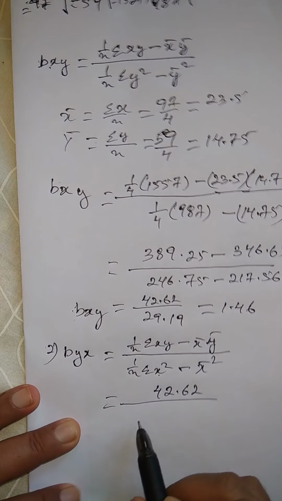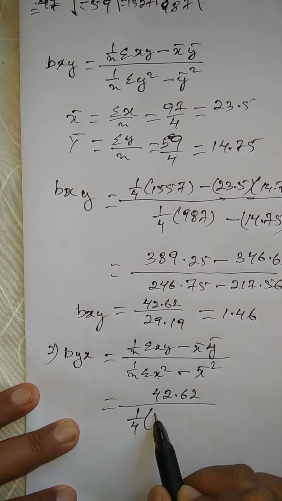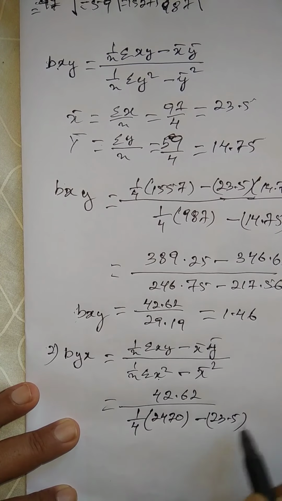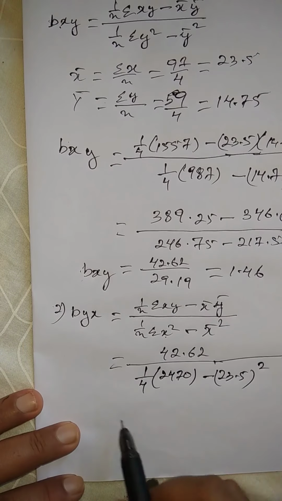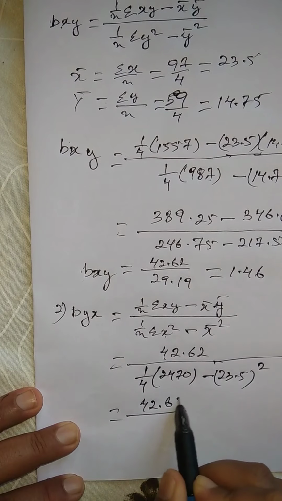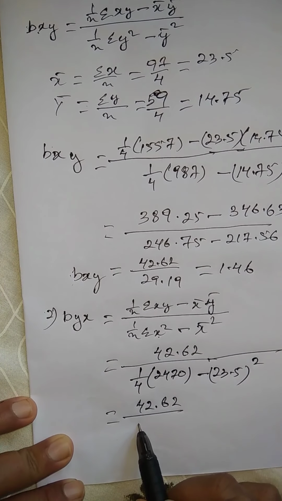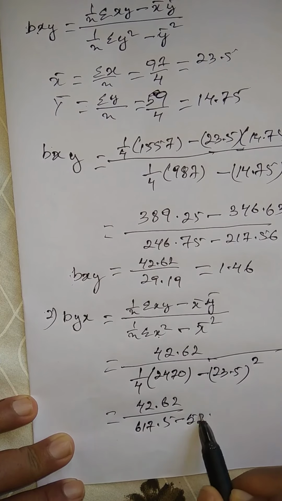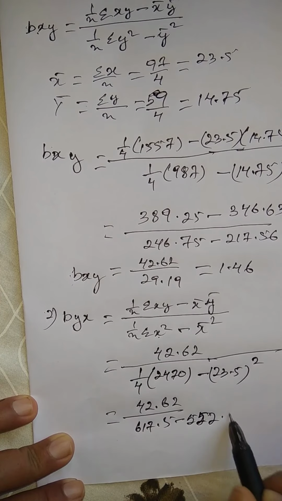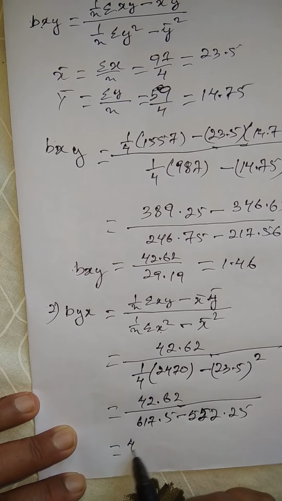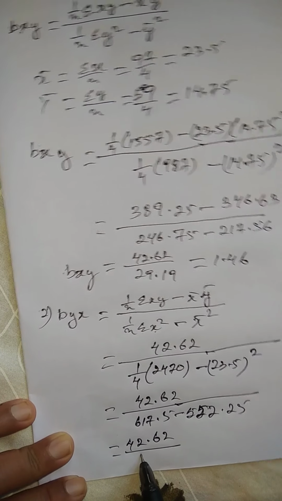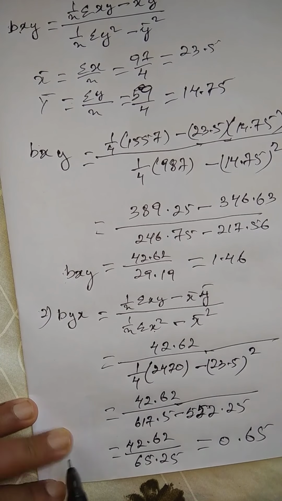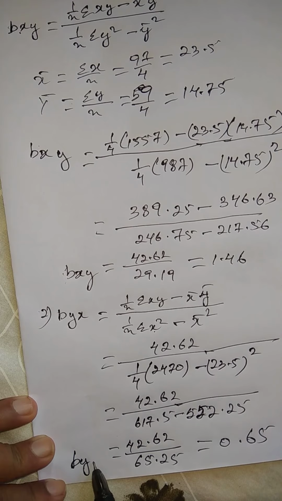So that means 1 by 4 times 2470 minus 23.5 whole square, which will be equal to 617.5 minus 552.25. So it is 42.62 divided by 65.25, which is equal to 0.65. So our regression coefficient of y on x is 0.65.